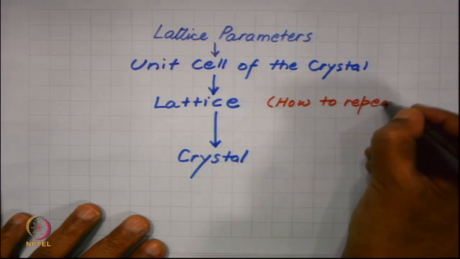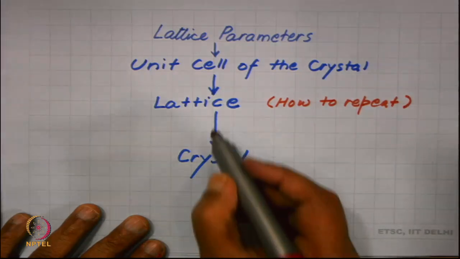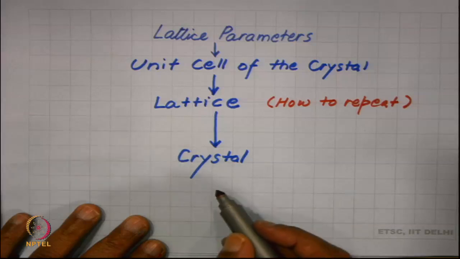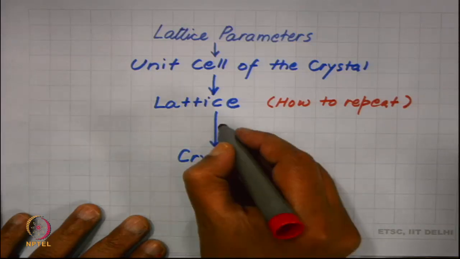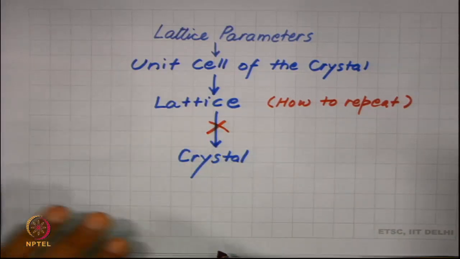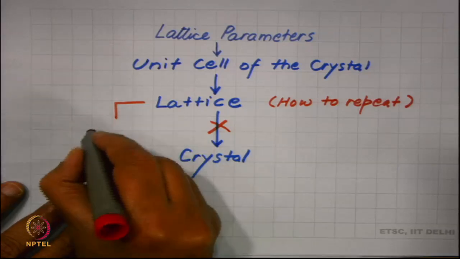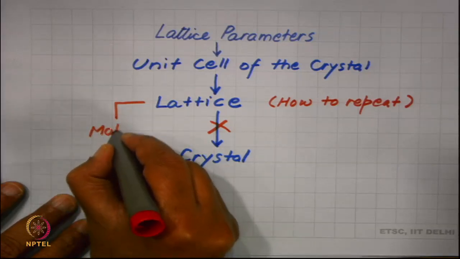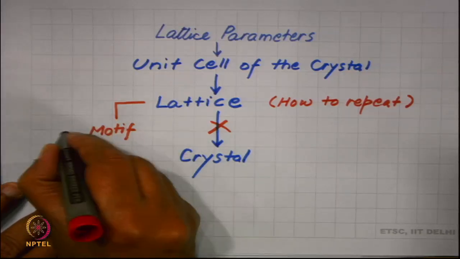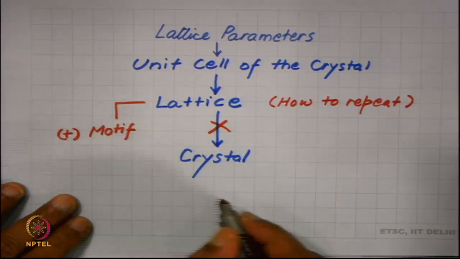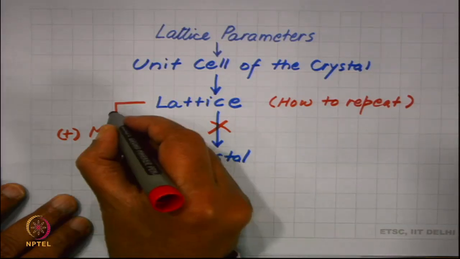It is not giving me what to repeat, and unless I know what is being repeated, that is, unless I know the motif, I do not know the crystal. So, this is not right. I need the information about the motif. If the motif information is given, then only do I know about the crystal.